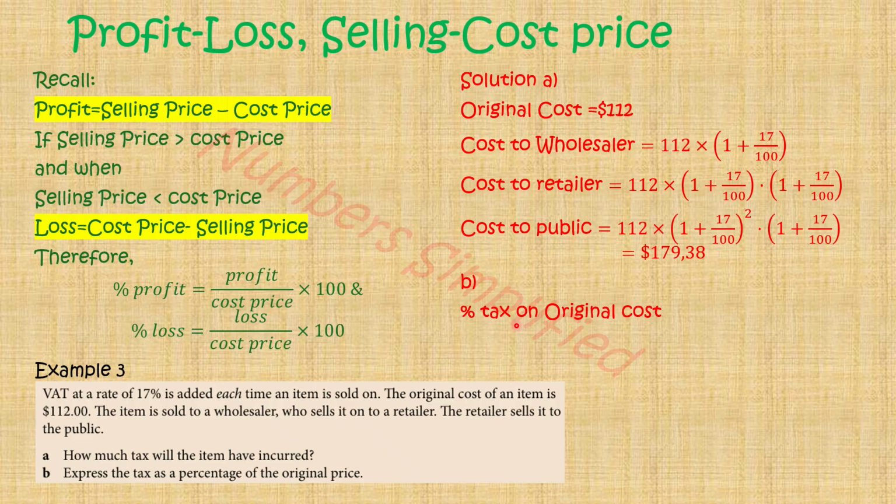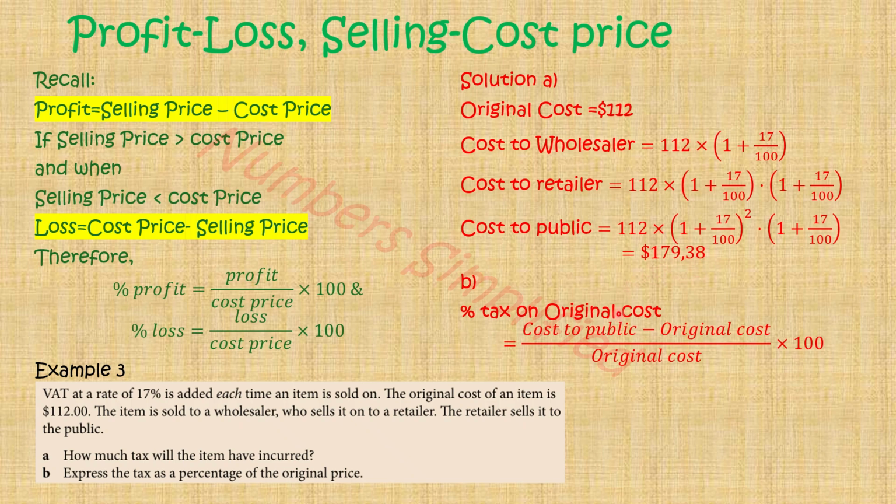For the B part, express the tax as a percentage of the original price. So now, the percentage tax on the original cost is given by the cost to the public, because that's the final cost that this item will have, and it's going to be the largest cost.